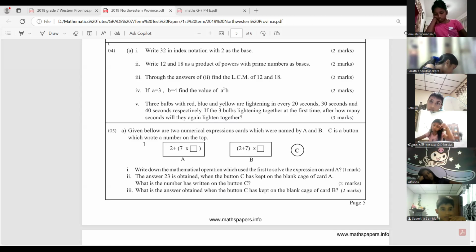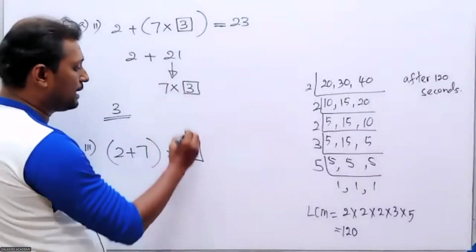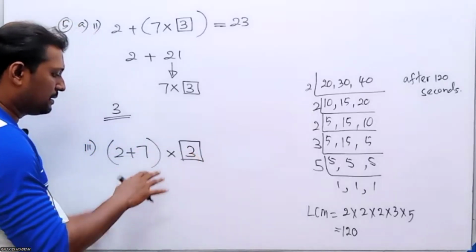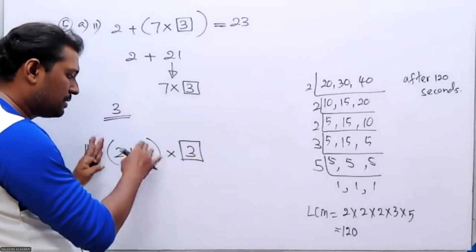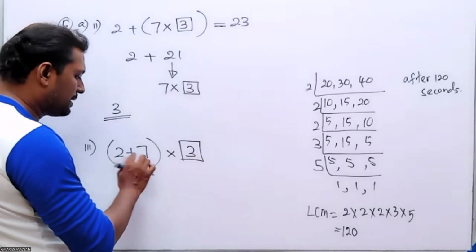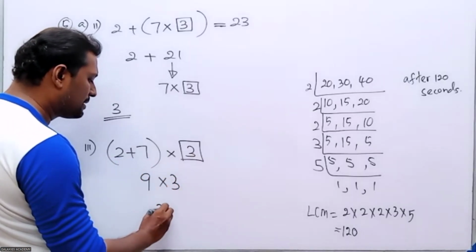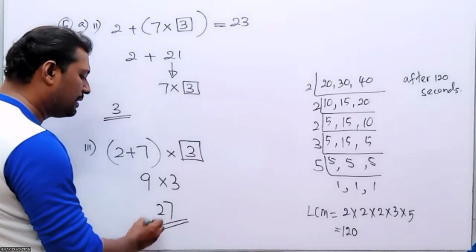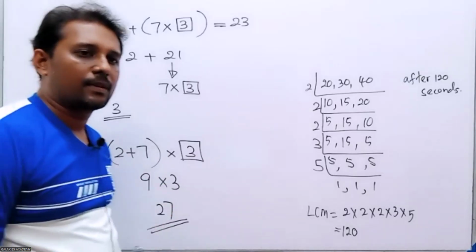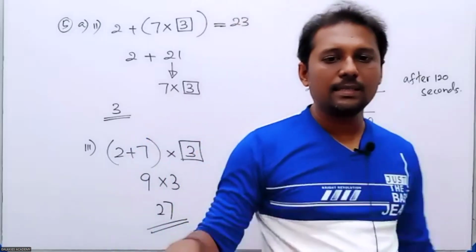This blank value should be the previous part value, no? 3. So what is the answer? You have to do the bracket first, 2 plus 7. 2 plus 7 is 9. 9 multiply 3. So what is the answer? 27. Right? 27.